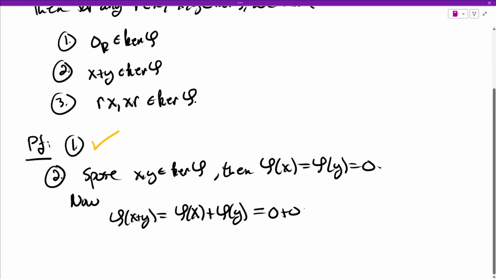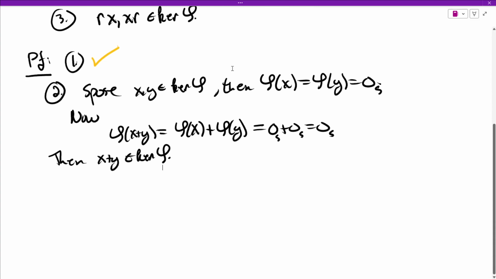And this is 0 plus 0, which is 0. I subscripted my 0 on the R, so let's do it in the S as well. All right, so this tells us that x plus y is in the kernel because it's mapped to 0. So that's good, that's gold.